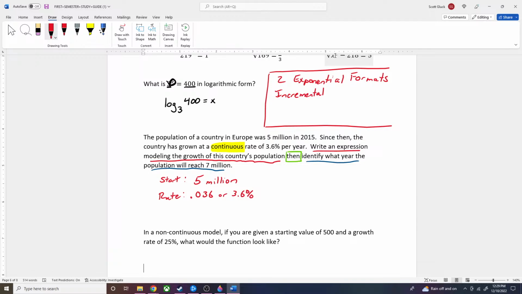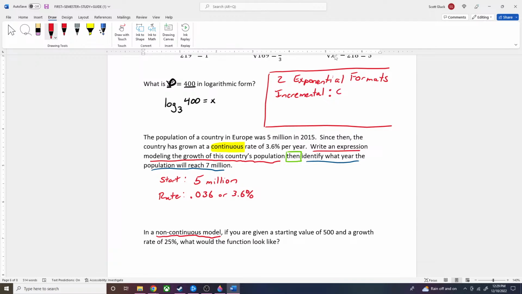Except that that's not realistic. That doesn't happen. What does happen is people continuously being born, dying, and that growth rate being in a smooth curve over time. Okay? So when we talk about this incremental growth, that's the standard non-continuous model, which we will use down here.